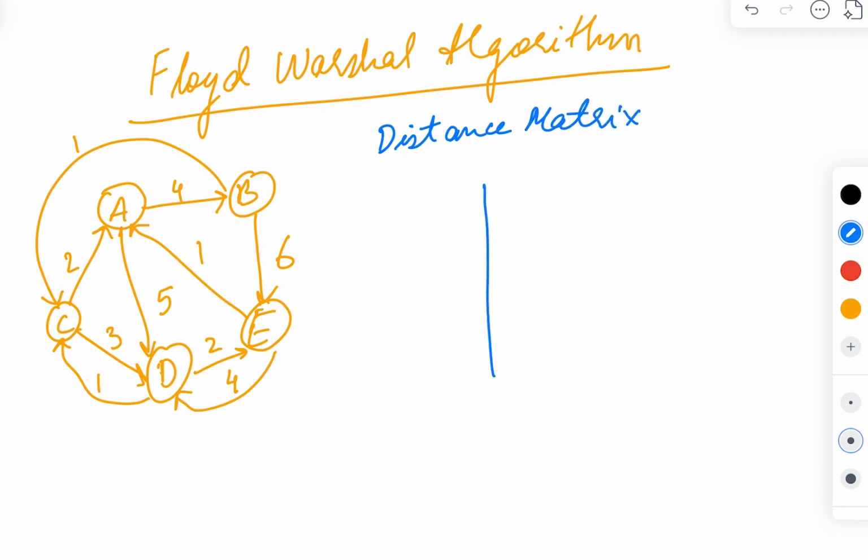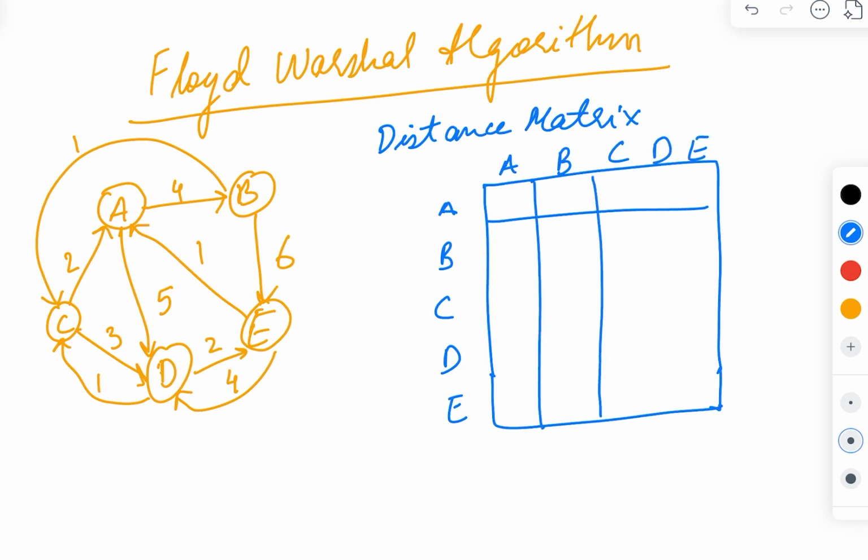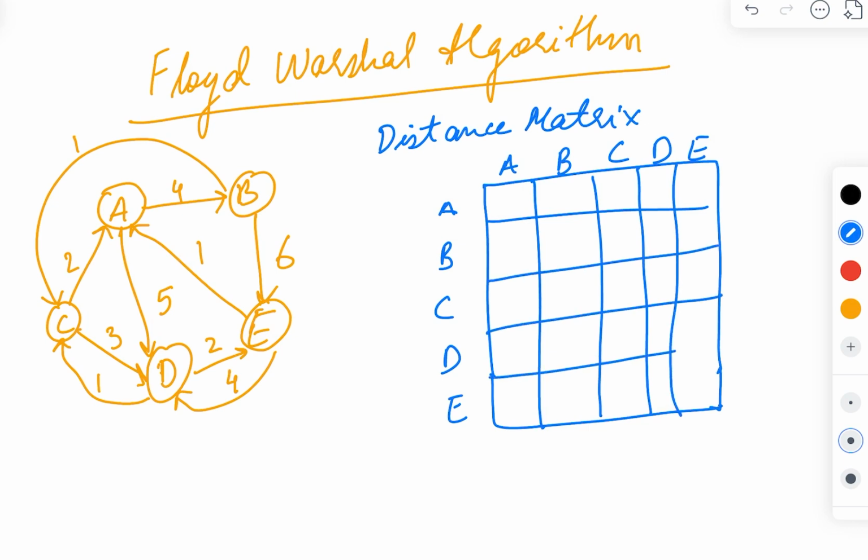So it is also called the distance matrix. So we will have A, B, C, D, E. So yeah, these are our distances.